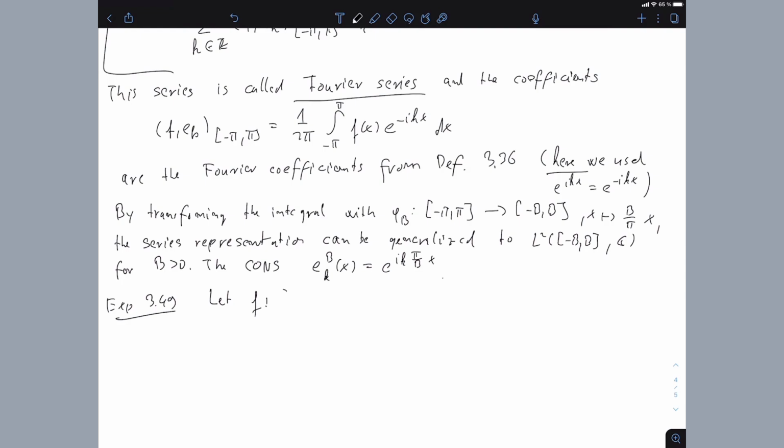So let's have a look at a rather simple function. f from minus pi, pi to R, and x is mapped to x times pi minus absolute value of x. It is almost like a polynomial, we just have this extra absolute value in there.